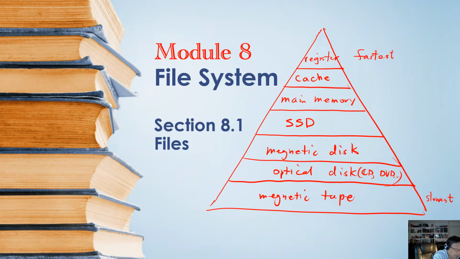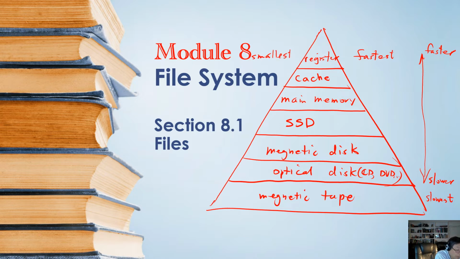So when you go down the pyramid from the top, the access speed is getting slower. And when you go up, it's getting faster. In the meantime, the register is also the smallest storage. It's fastest, but it's smallest.